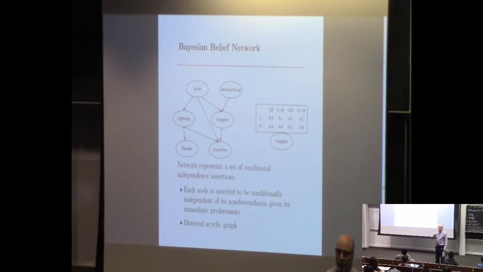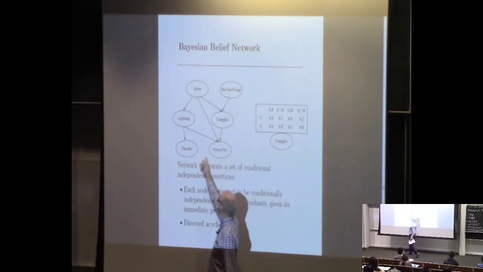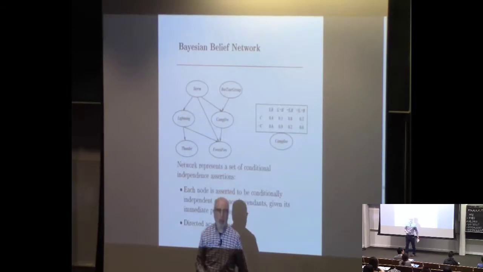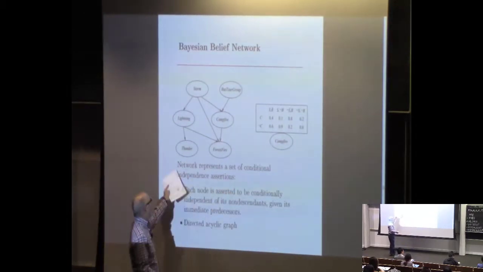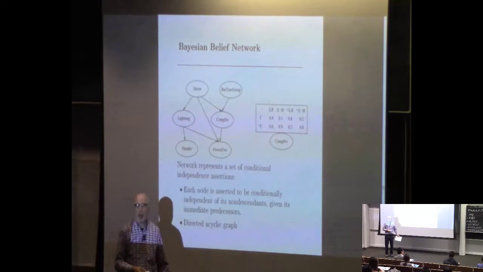Let me go back to this issue of how dependence flows in the network, how influence flows in the network. I mentioned that the fact that these 2 are not connected doesn't mean they're independent of each other. So we may not be able to write just that thunder is independent of forest fires. It may not be true.